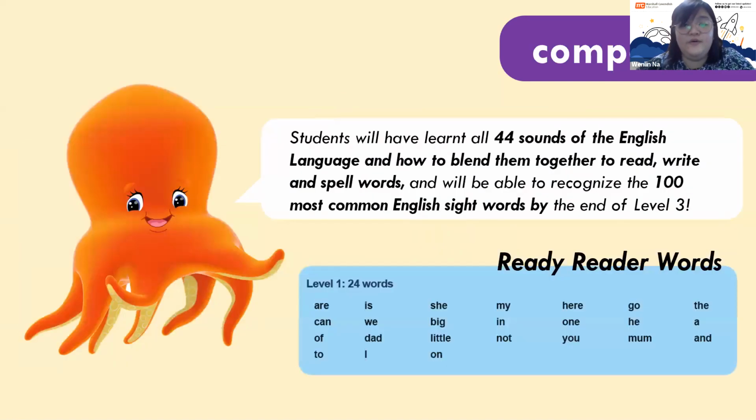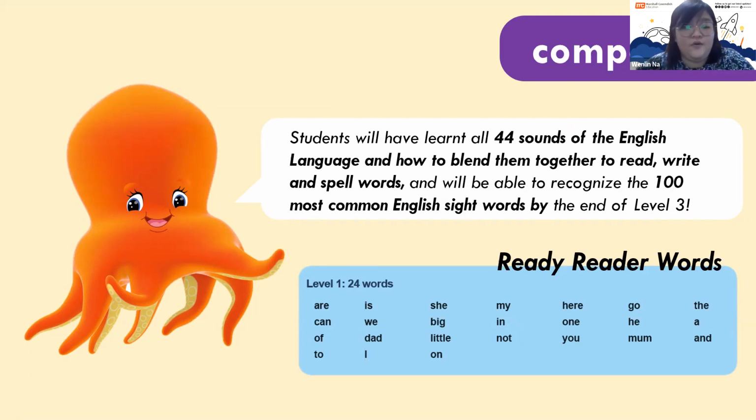Okay, so with our program, rest assured that students will learn all the 44 sounds of the English language, learn how to blend them together to read, write, and spell, and of course, be able to recognize the 100 most common English sight words. This is important because these 100 common sight words actually make up around 50% of all the written print in the English language.